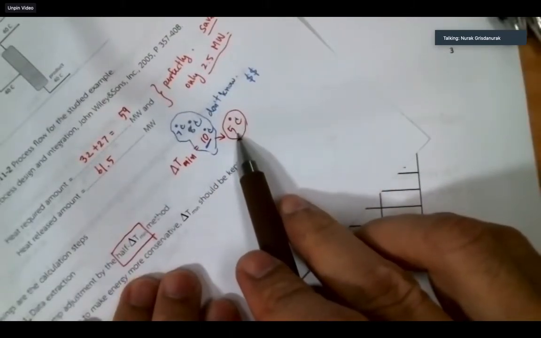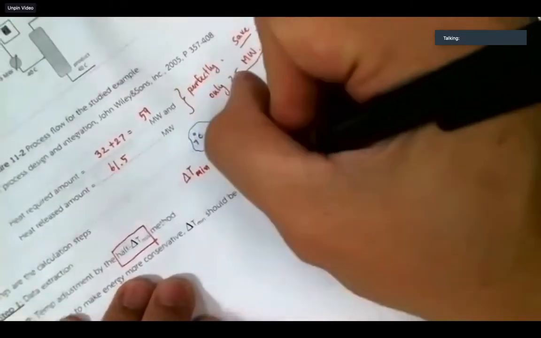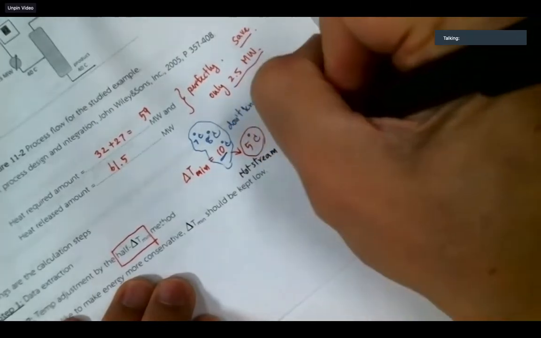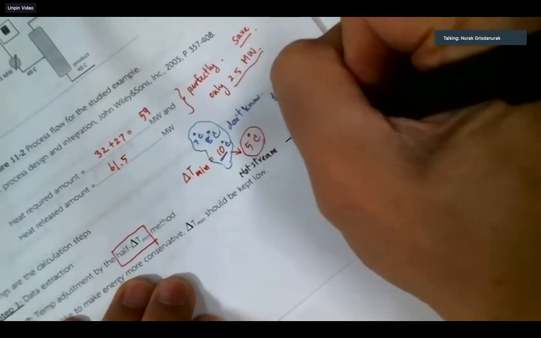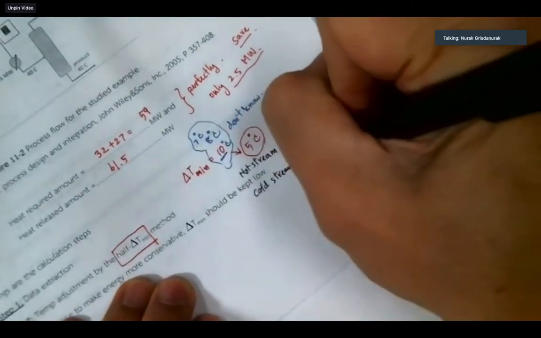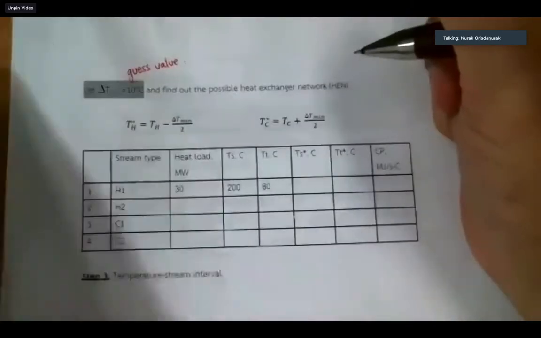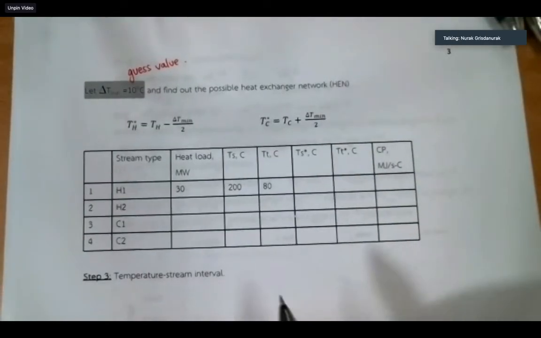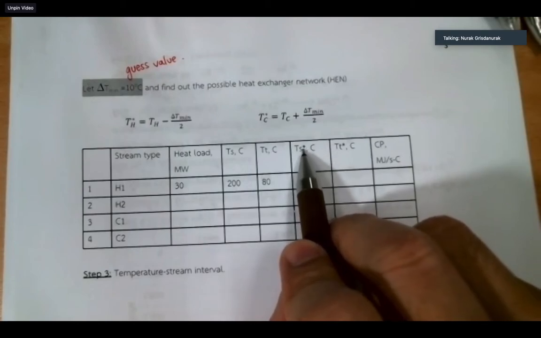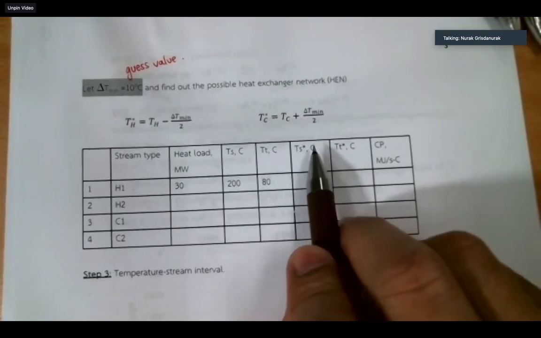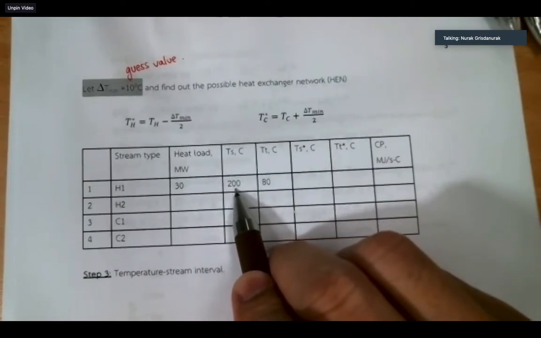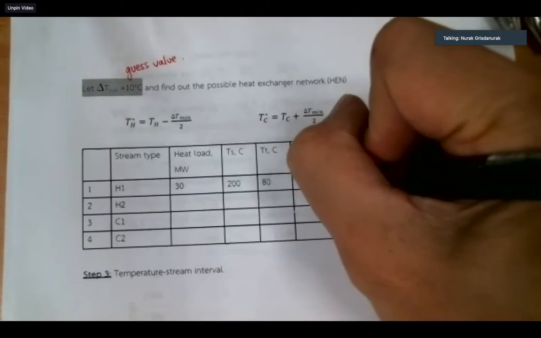For the cold stream, you have to add 5. Then what does it mean for the adjustment? When I adjust the starting value here, I reduce from 200 by 5, and what I get is 195.